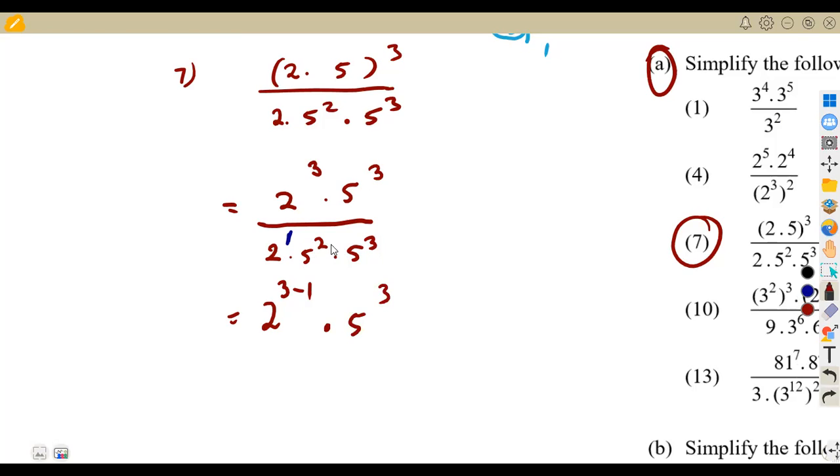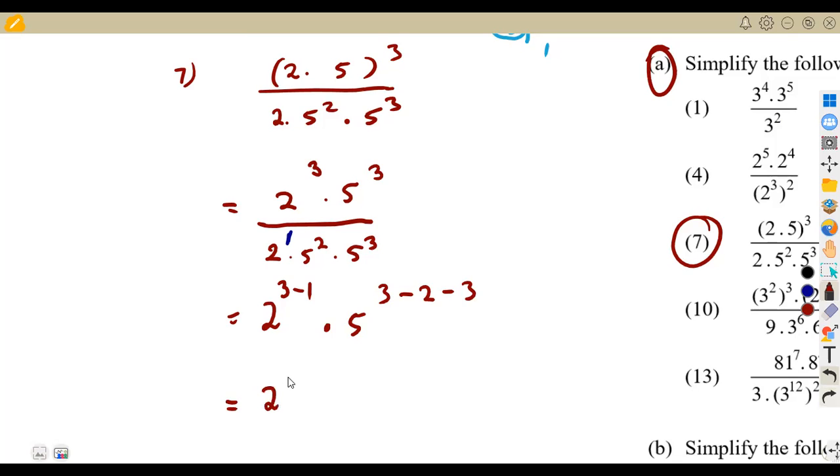So it's going to be 3 minus this exponent, which is 2, minus this exponent also, which is 3. So it's going to be minus 2. I subtract also this exponent because they are all in the denominator. So I subtract all of them from 3. That means we are going to have at the end 2. All right. So let us see here, 3 minus 1, which is 2.